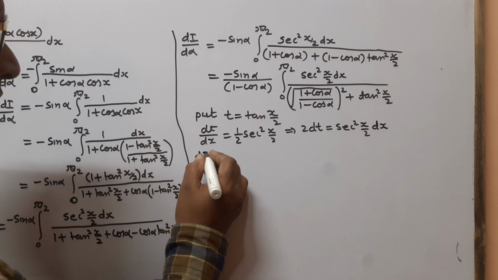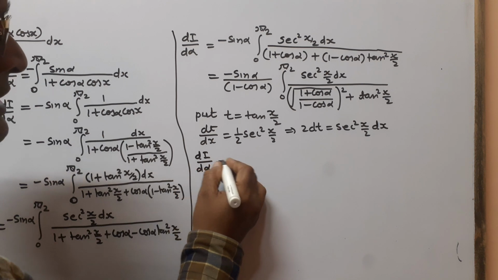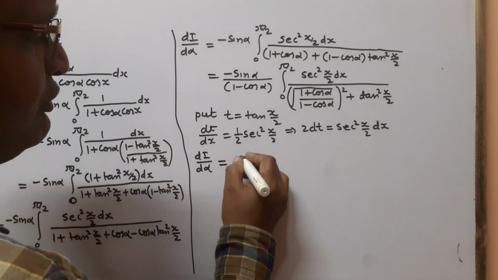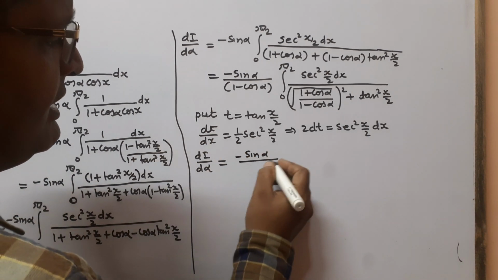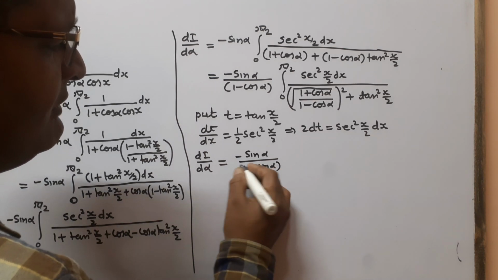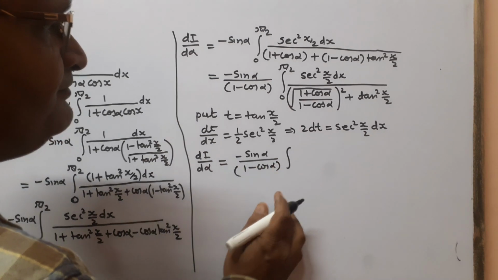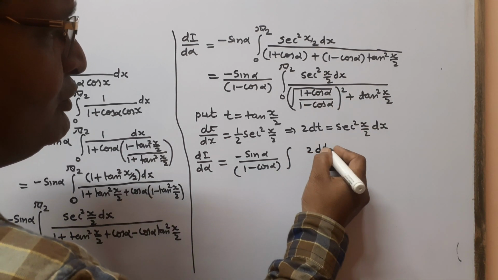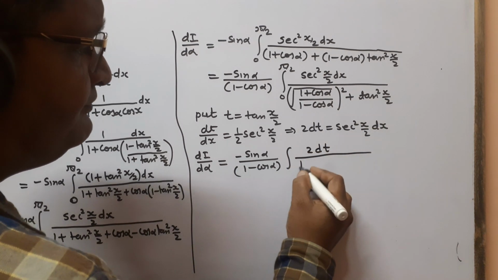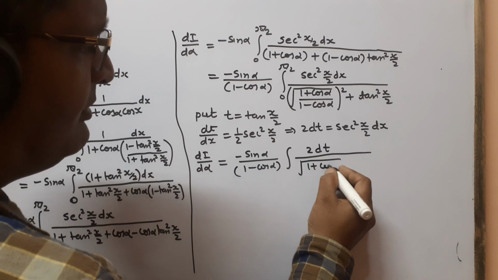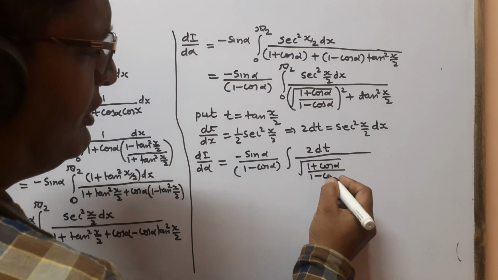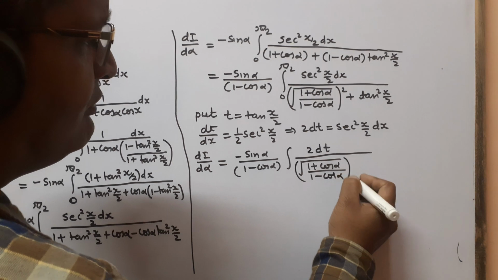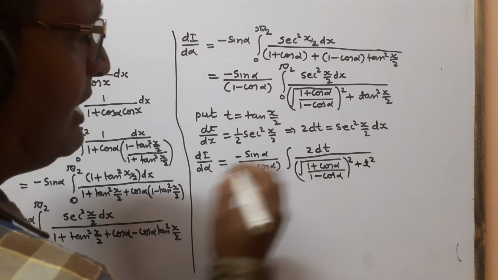So we put here dI upon d alpha equal to minus sin alpha divided by 1 minus cos alpha integration. Here sec square x by 2, dx can be written as 2 dt divided by the square of under root of 1 plus cos alpha upon 1 minus cos alpha, plus t square.